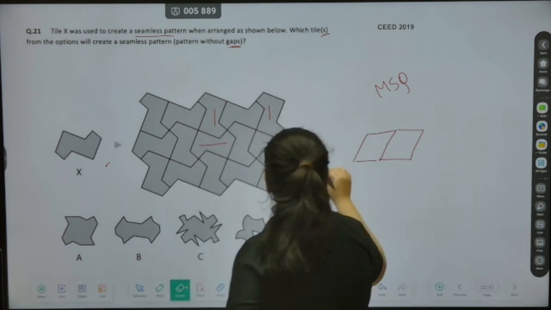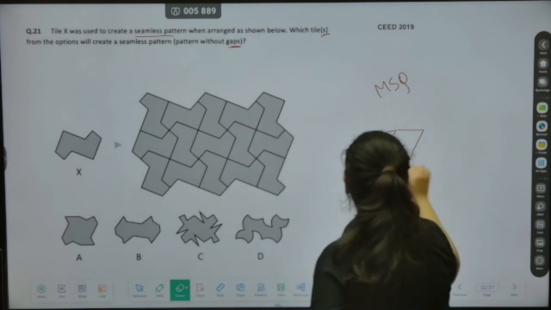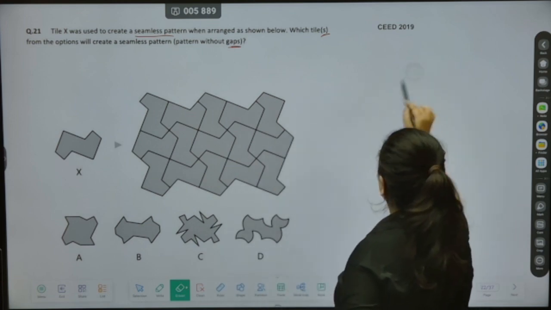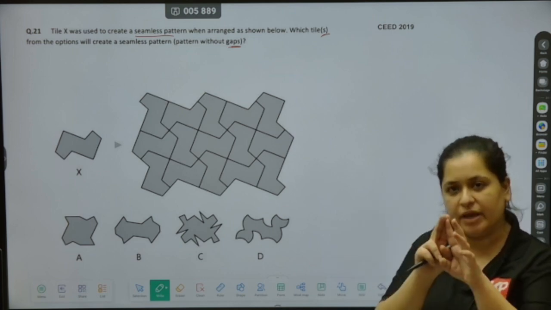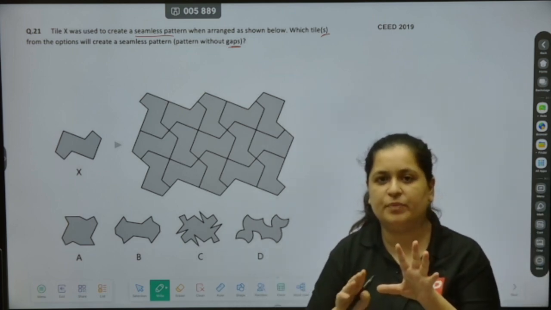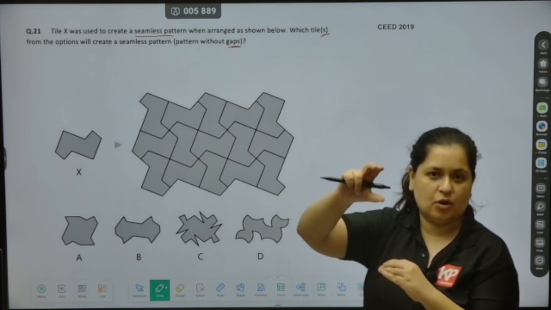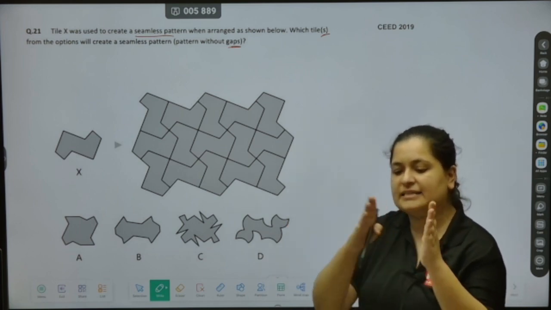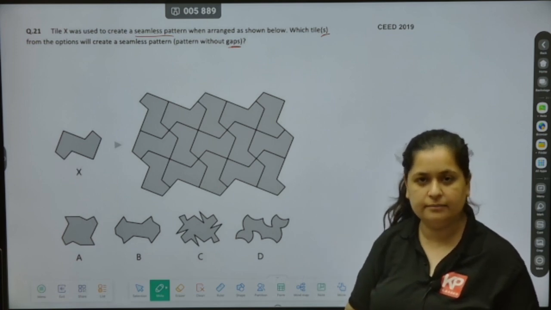Okay. Now let us try to understand how to solve these types of questions. Till now we've been trying to put that particular shape in a square, and then we've been seeing that the bottom part is exactly the same as the top part and the left part is exactly the same as the right part. Now will that trick work here?